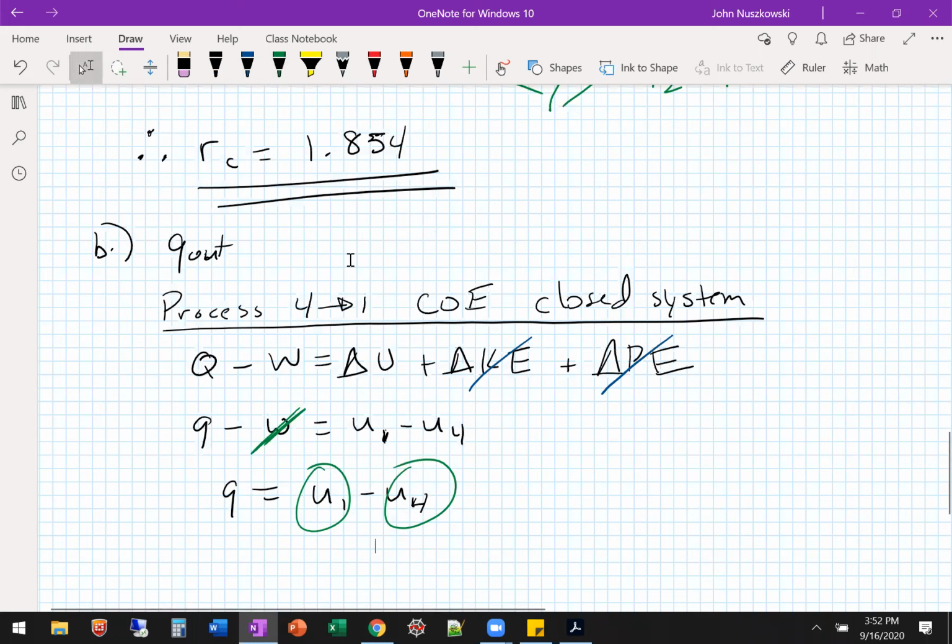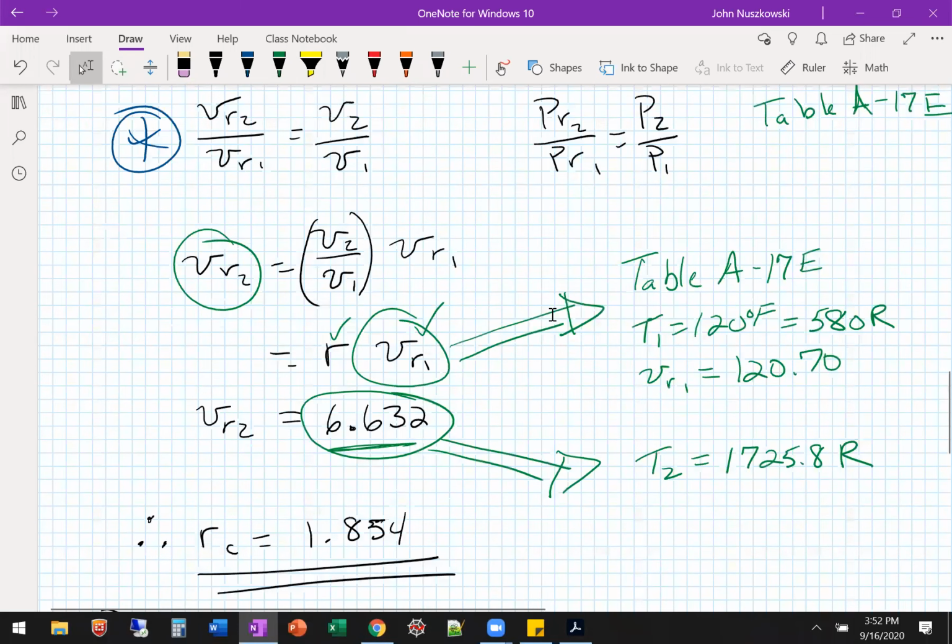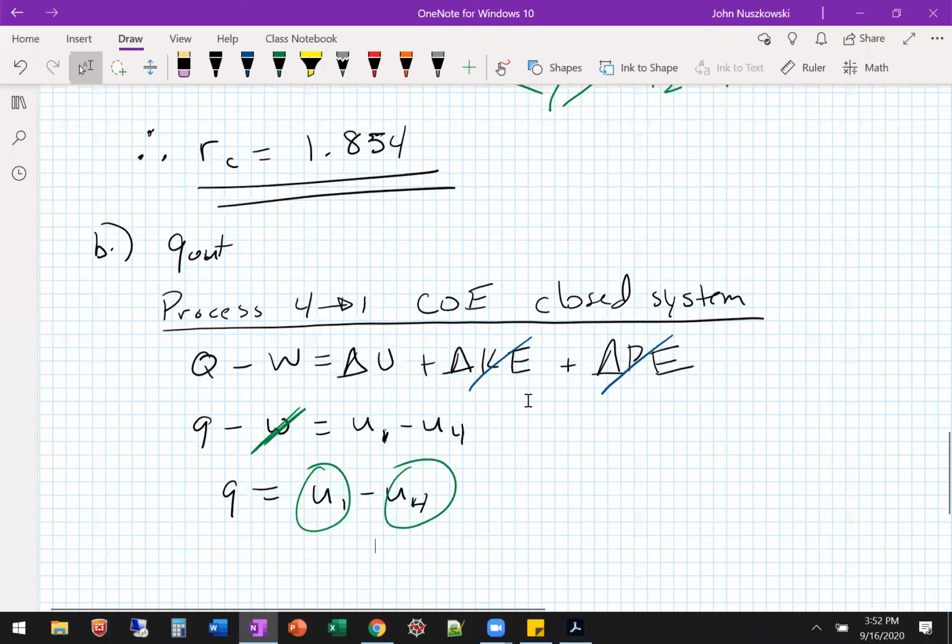Well, how do you think we get U1, the internal energy at state 1? We know temperature too, so maybe using the ideal gas law, where change in U equals specific heat times change in temperature?